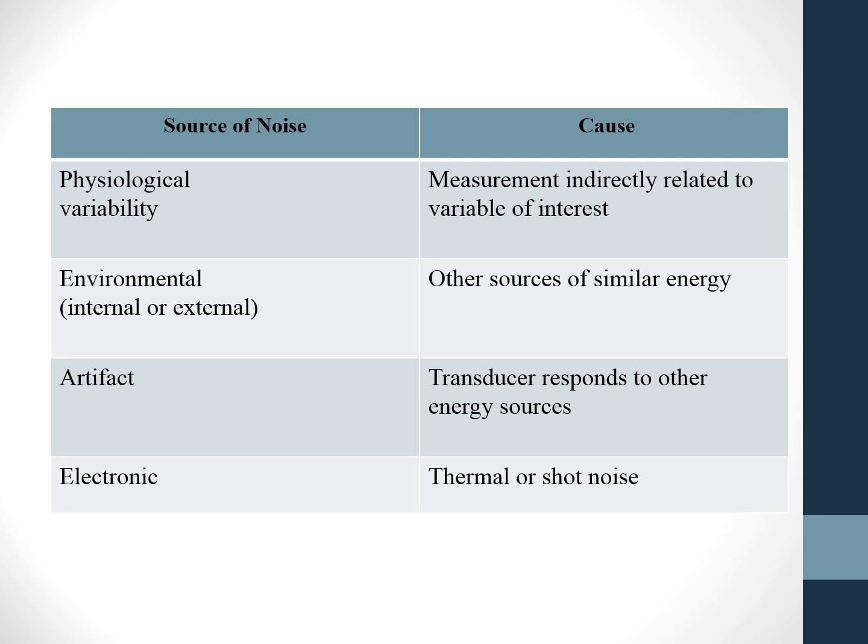The third one is artifact. Whenever the transducer responds to other energy sources, the source of noise will be artifact. Fourth is the electronic source of noise. Electronic noise can be due to thermal or shot noise.